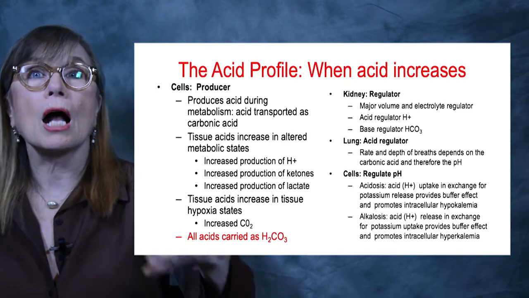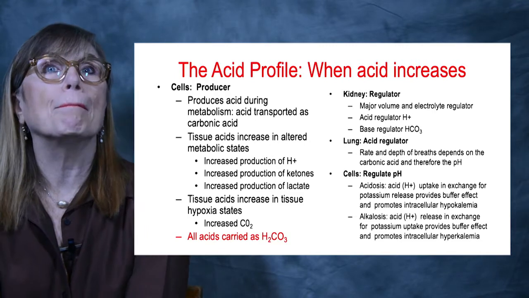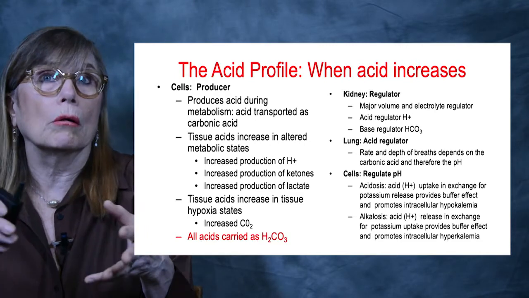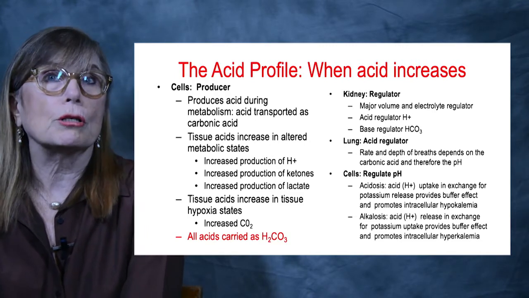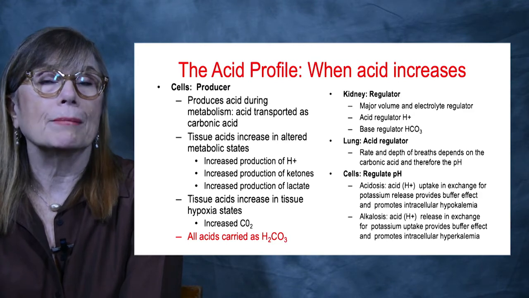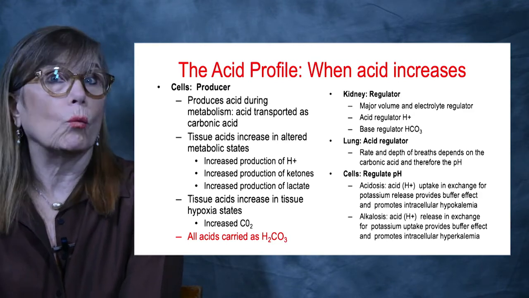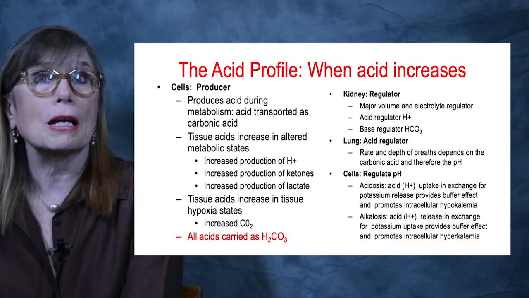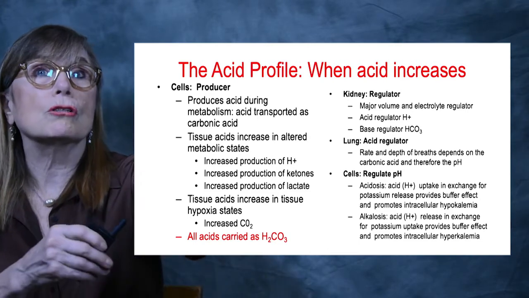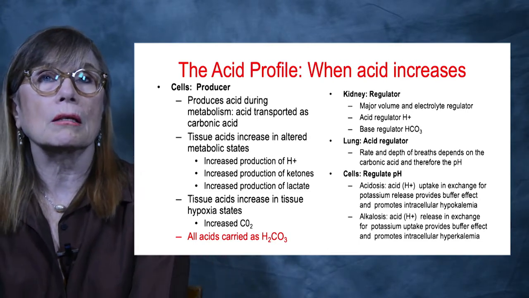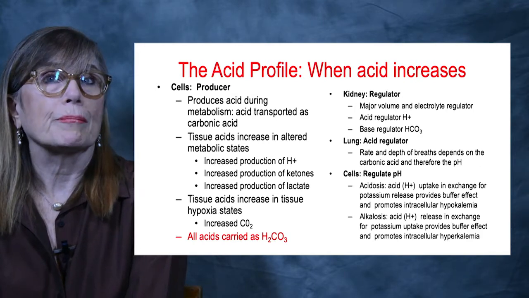So hydrogen ion and carbon dioxide combined in multiple levels actually produces carbonic acid. Carbonic acid is what is transmitted through the blood, presented to the lung, and presented to the kidney for regulation.